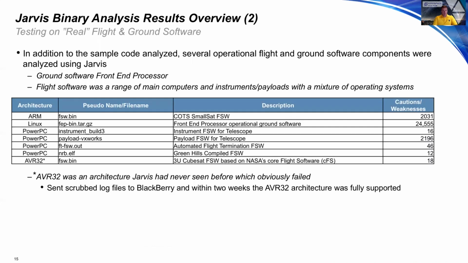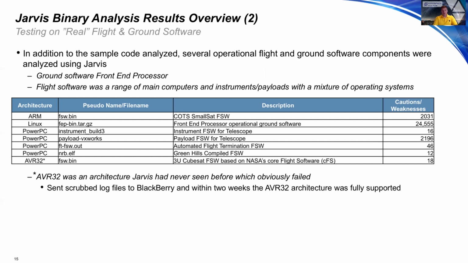We'll dive into a few examples moving forward. We also were lucky enough to analyze some quote unquote real flight and ground software. Being in aerospace, we have some unique access to information based on our customer sets. Obviously, we're not going to divulge what these support, but at a high level, we looked at some front-end processor software.